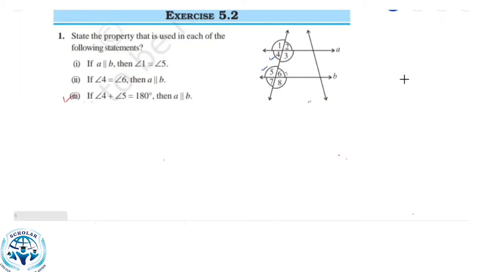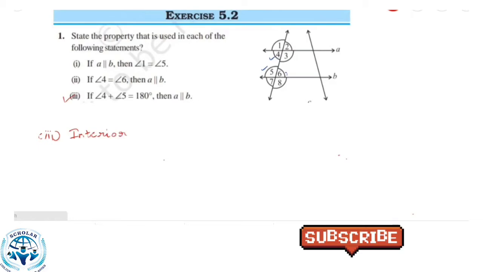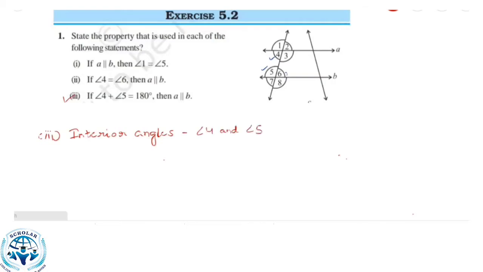Then A is parallel to B. We already know interior angles on the same side of the transversal are supplementary, that means their sum is 180 degrees. So if angle 4 plus angle 5 is equal to 180 degrees, then A is parallel to B.